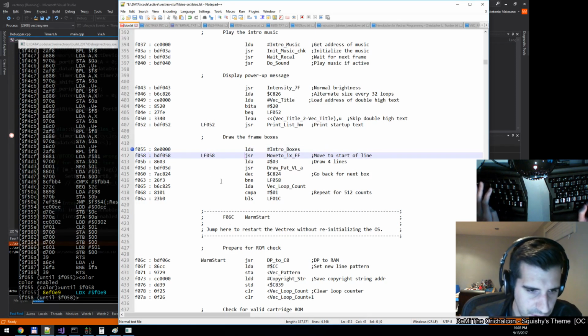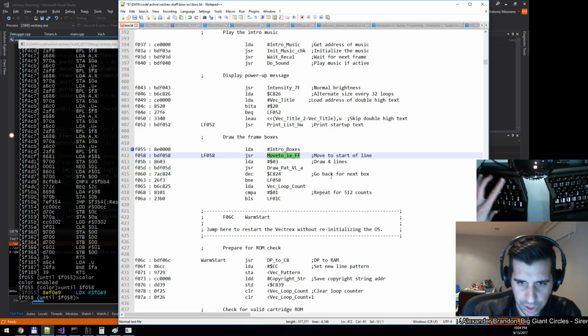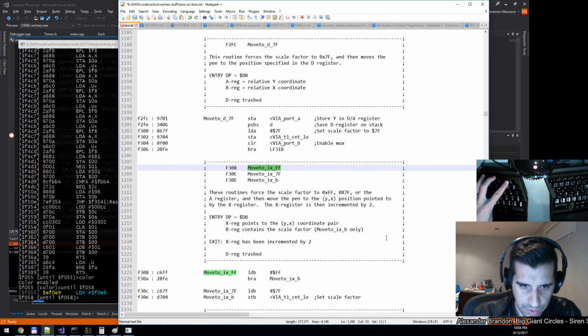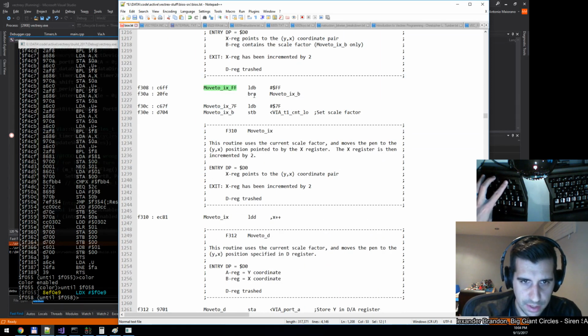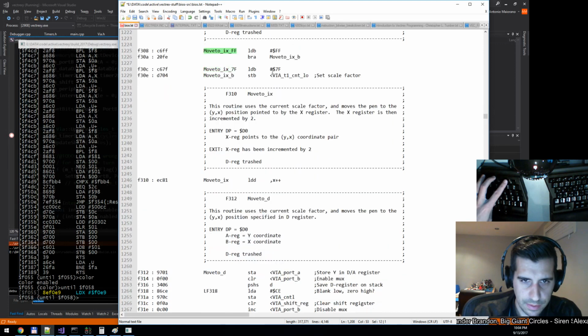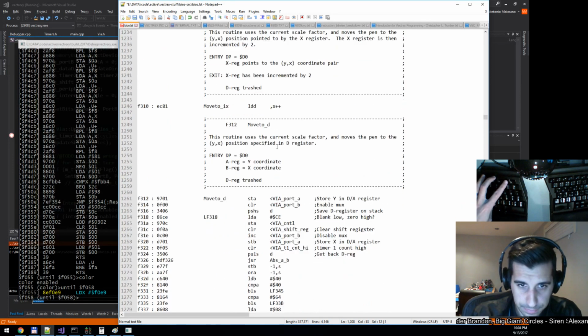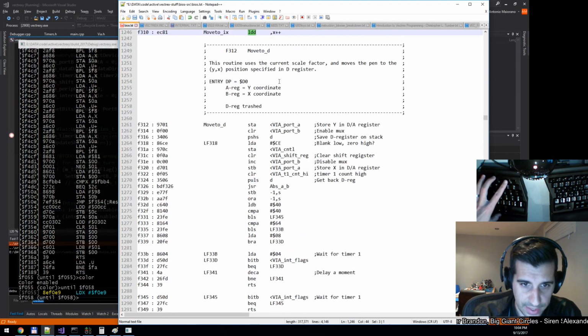Now we're here, and we're about to jump. This move function should have moved us to the right place. That puts into D the YX we want to move to. We should be setting our velocities here.